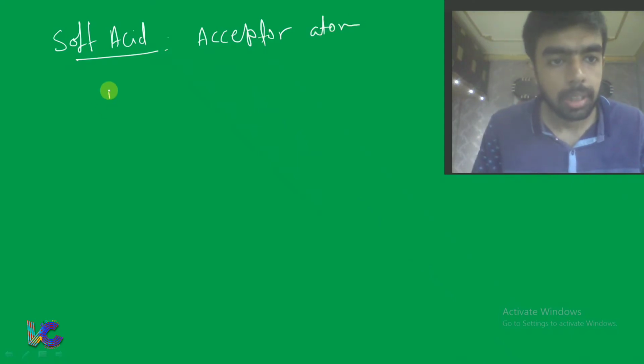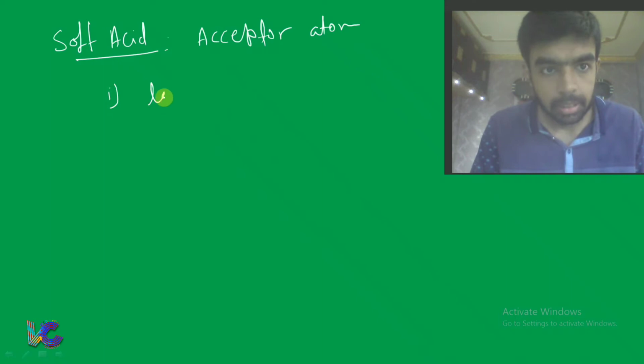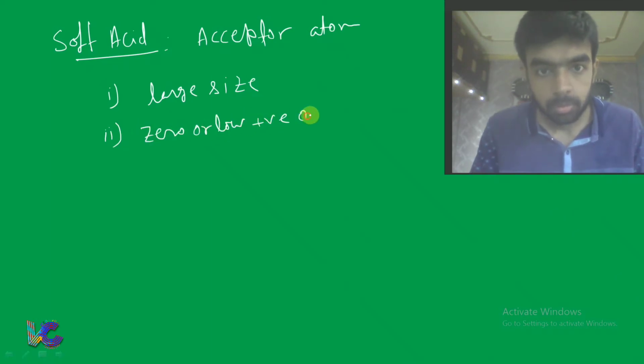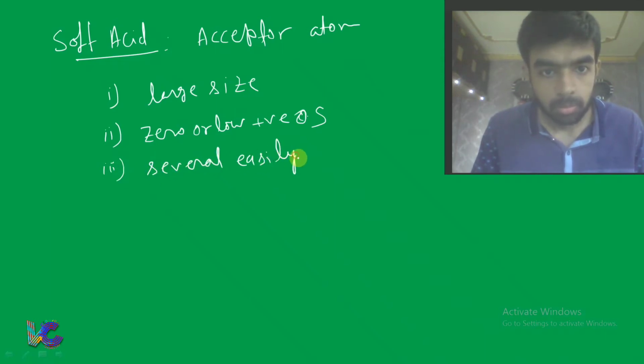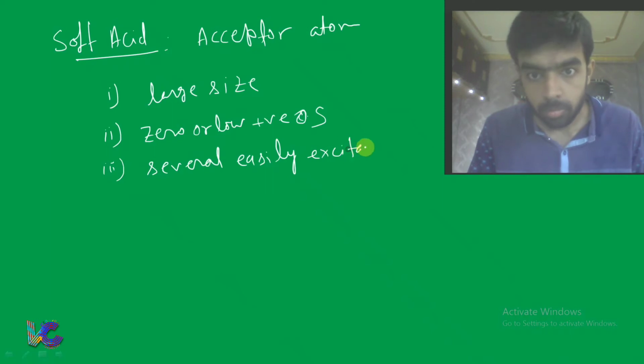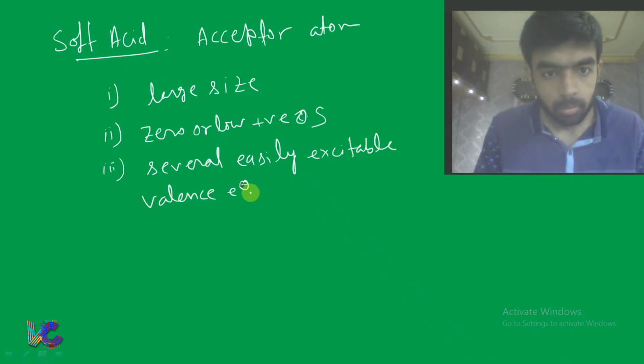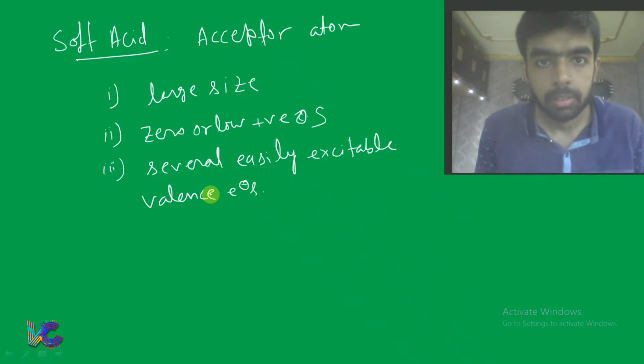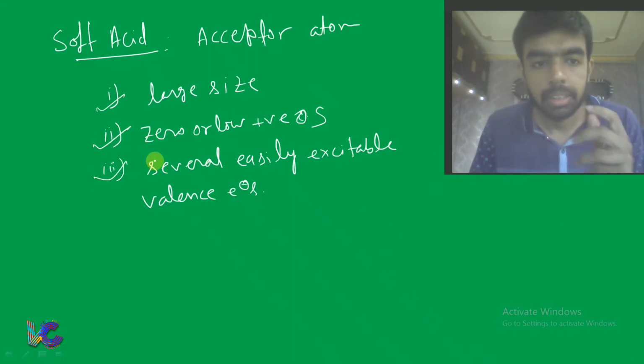A soft acid is one where the acceptor atom is marked by large size, zero or low positive oxidation state, and it has several easily excitable valence electrons.